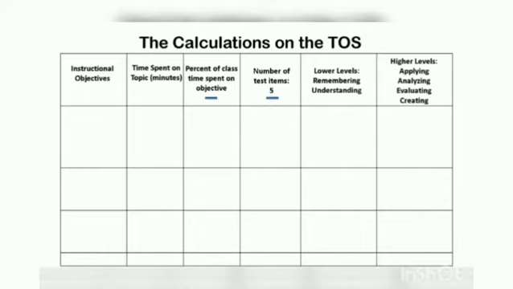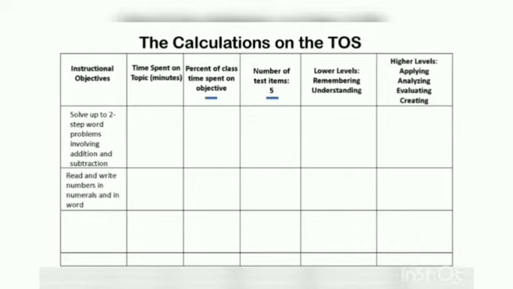So the objectives that I will be assessing my students on are: solve up to 2-step word problems involving addition and subtraction, read and write numbers in numerals and in words, and use expanded notation up to 4-digit numbers. So I'll be using 3 objectives.